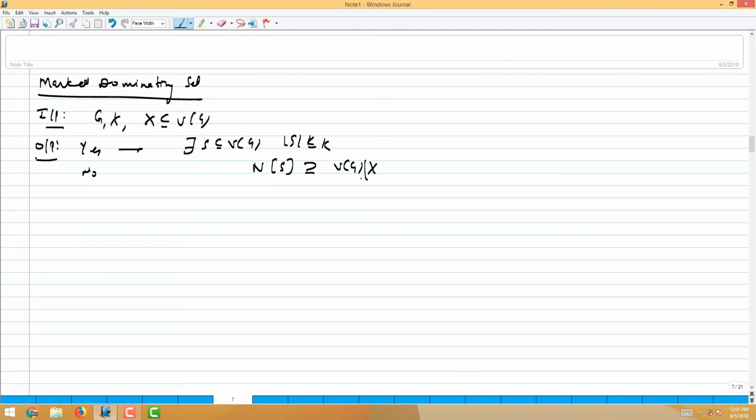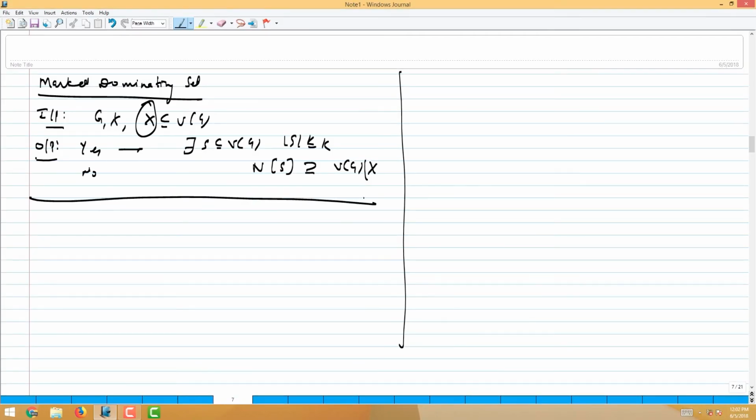So basically you look at the neighborhood of S. In the neighborhood of S, all the vertices of Vg minus x should be there. It could dominate some vertices of x or not, but it should definitely dominate everything which is outside x. So this x represents those vertices that we would have marked so far, which we do not really want a solution to necessarily dominate.